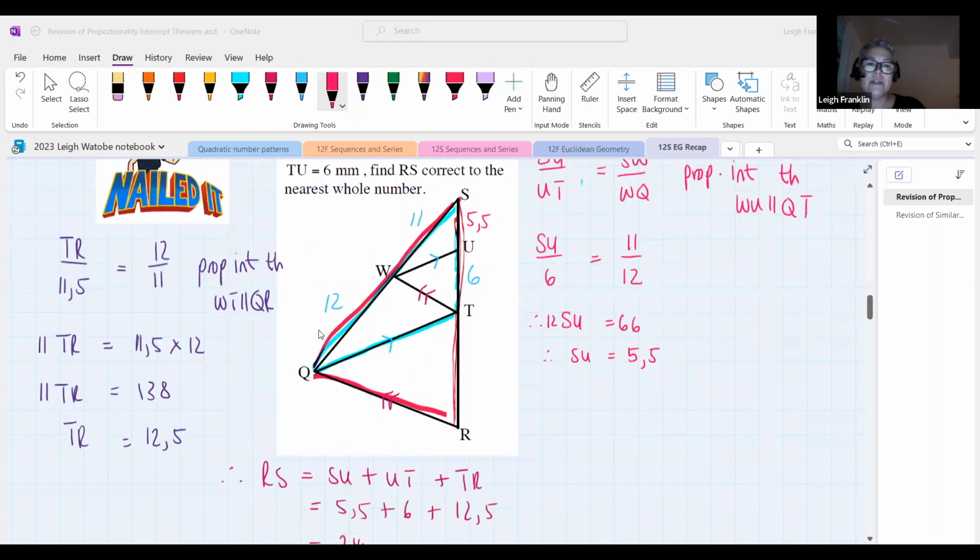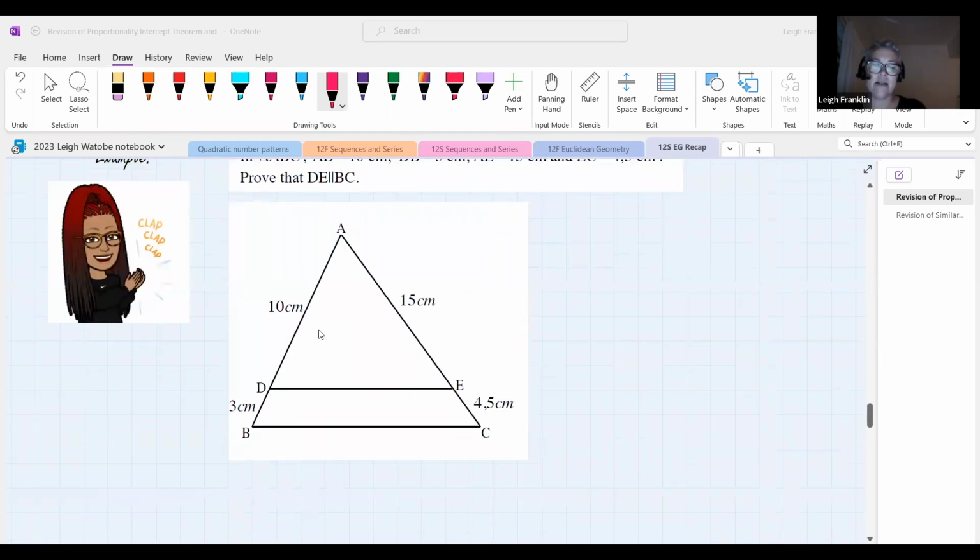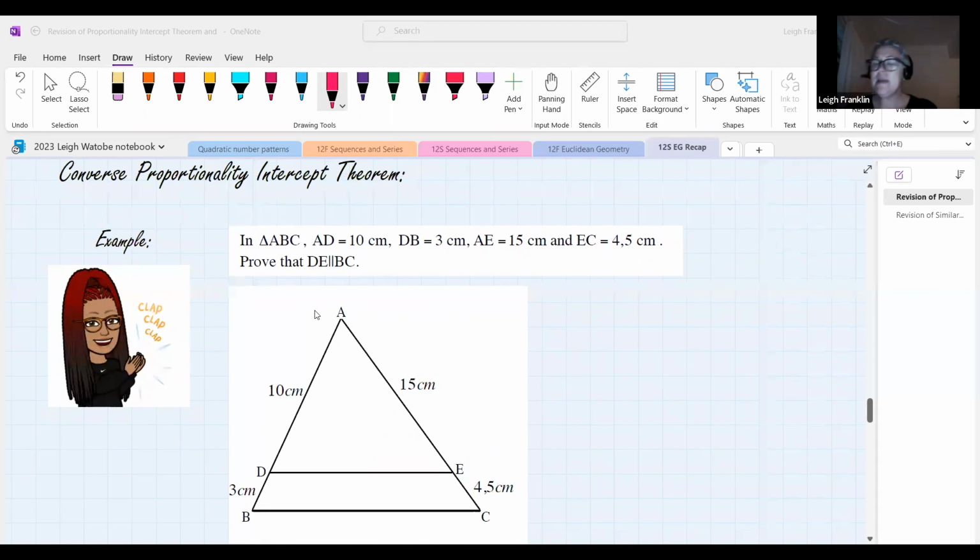Here, what we've got are the lengths of the sides. What they're asking us to prove is that DE is parallel to BC. It means we cannot write AD over DB equals AE over EC. That's what we're trying to prove, so that can't be our first statement. That is what we are trying to deduce.